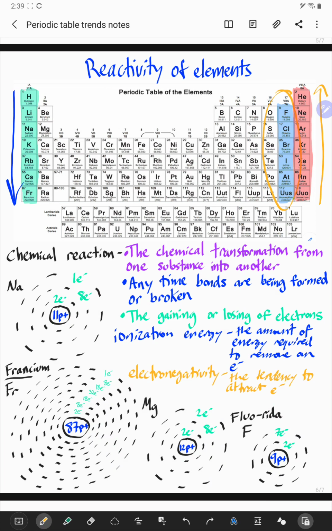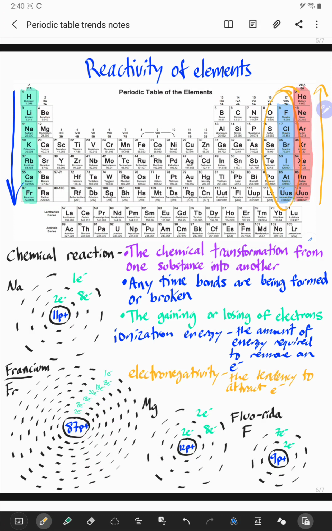So again, to recap, the elements on the far left, the group 1 elements and group 7 elements, are going to be the most reactive elements. Within group 1, reactivity is going to increase as we go down because it's easier to remove an electron, and that's their goal, is to remove an electron.